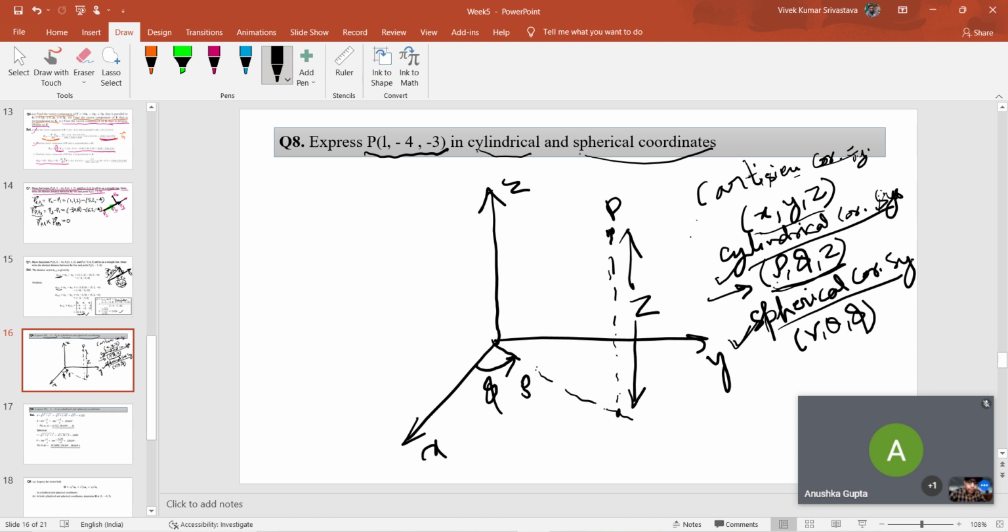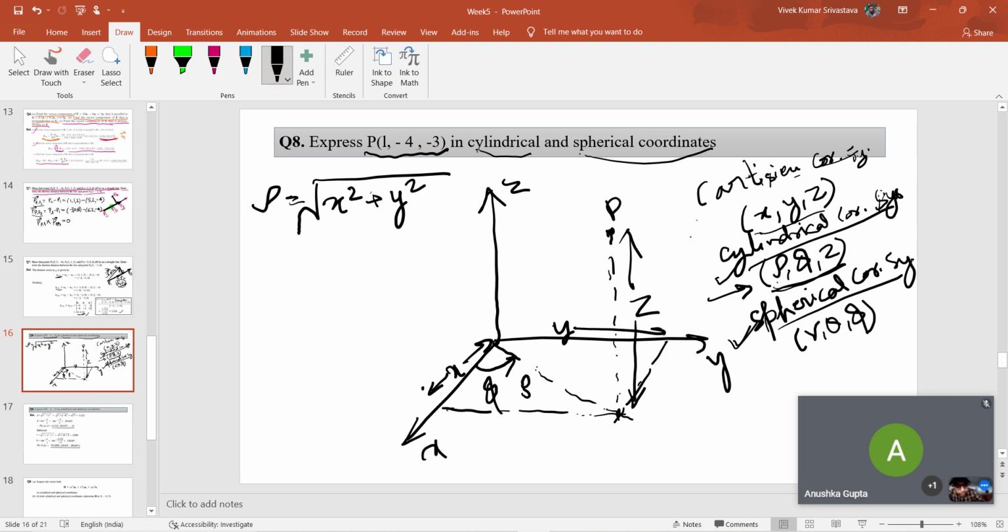Okay, so for finding out the value of rho, if this is the x and this is the y, you have to take the square root of x square plus y square.